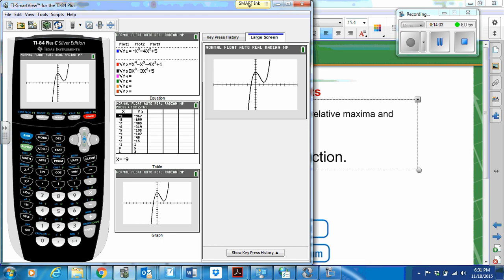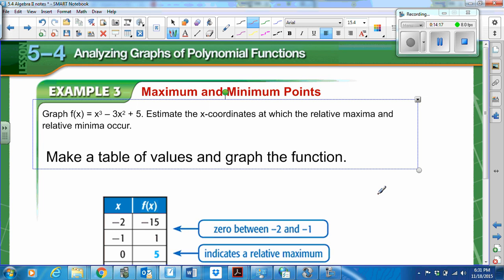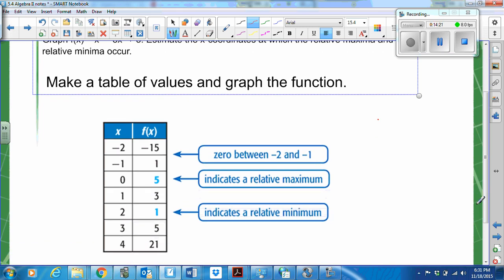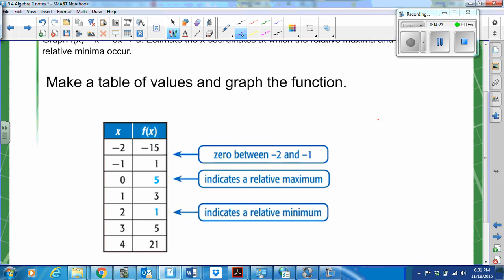And if we look at the maximum point, the value of x where that's occurring is x equals 0. That looks like the maximum value is between 5 and 6. And then the minimum value occurs where x equals 2. And that is all that this one is asking on that. And so we can see that in the graph, and we could see that in the table that's produced.